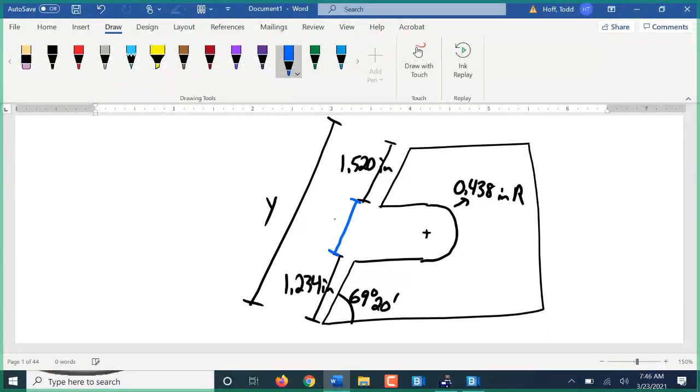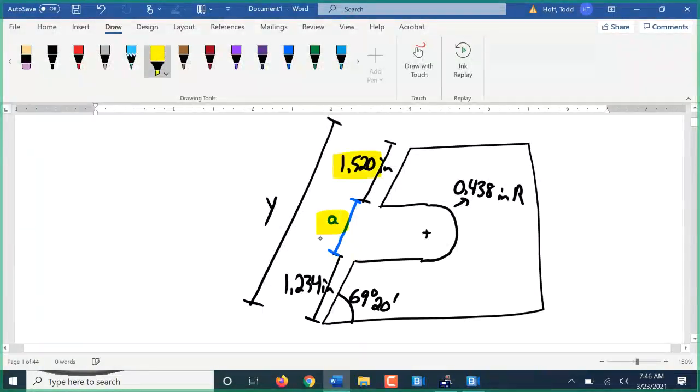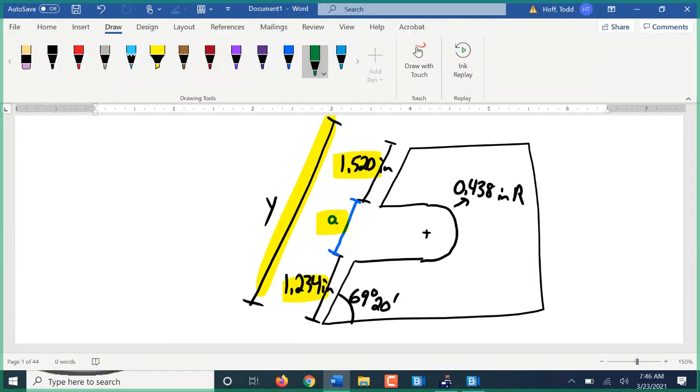If I know that dimension, I'm going to call that dimension A. All I would have to do is add up these three dimensions, and it would give me dimension Y. So I have to see if there's some way I can find that dimension A. Well, we're going to construct a right triangle using that horizontal to vertical, knowing that horizontal and vertical are always perpendicular to each other. So I'm going to do that right here. A horizontal dimension and a vertical dimension are going to form a right angle. Now I need to see if I know any of the dimensions of that.